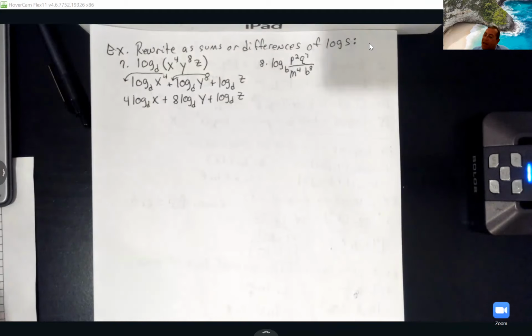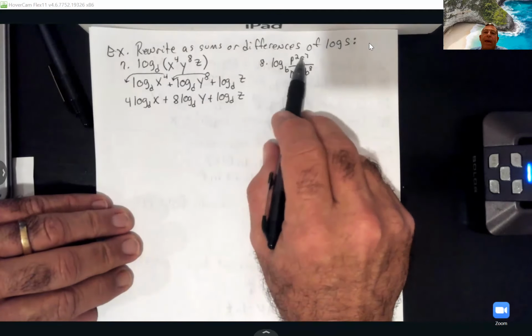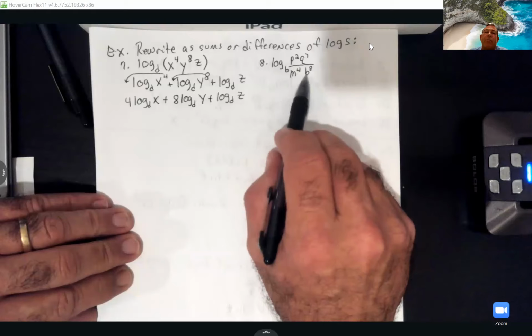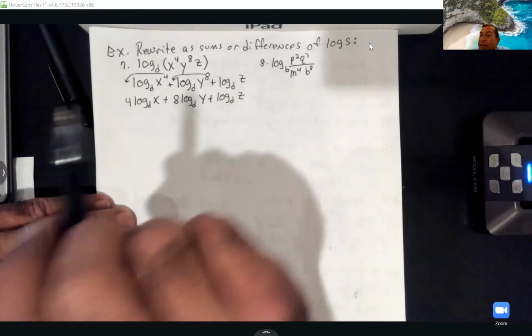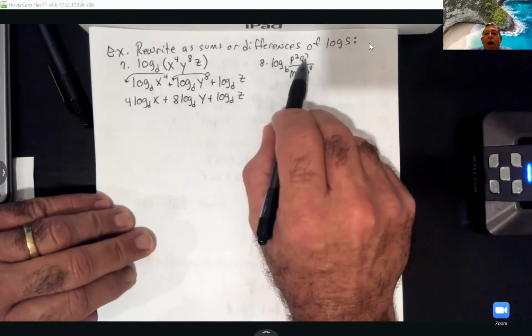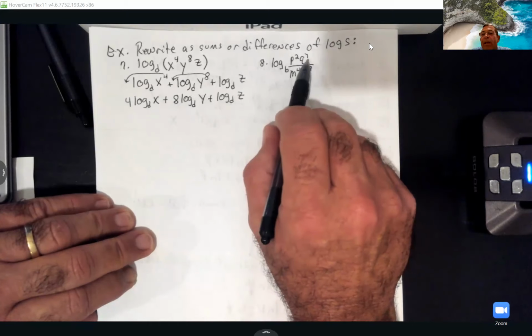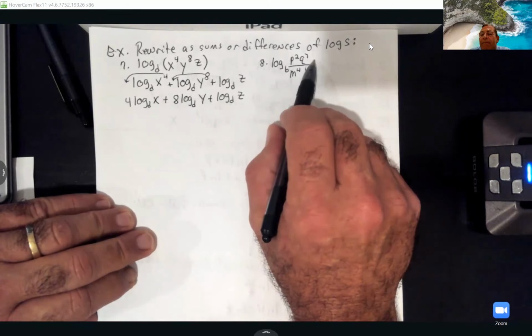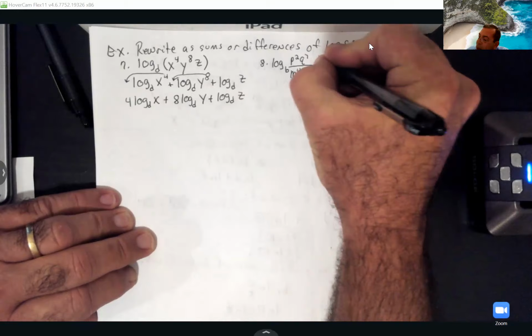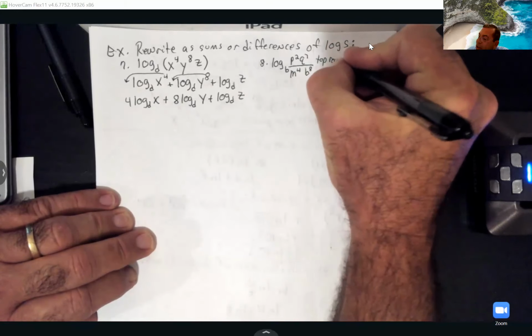When you have fractions like this, with more than one factor on top and more than one factor on the bottom, when I rewrite this, anything on top will be rewritten as addition.